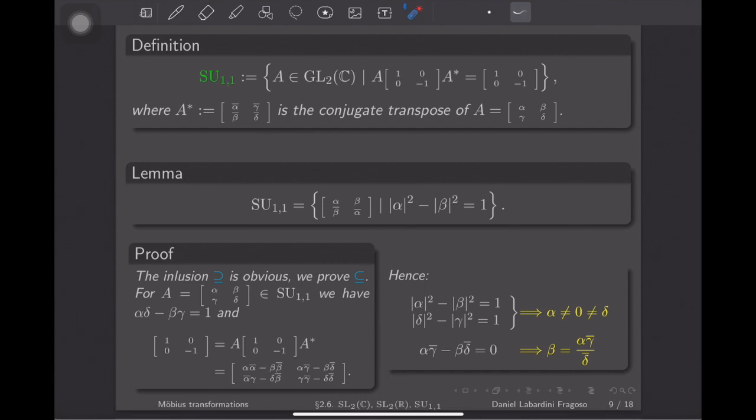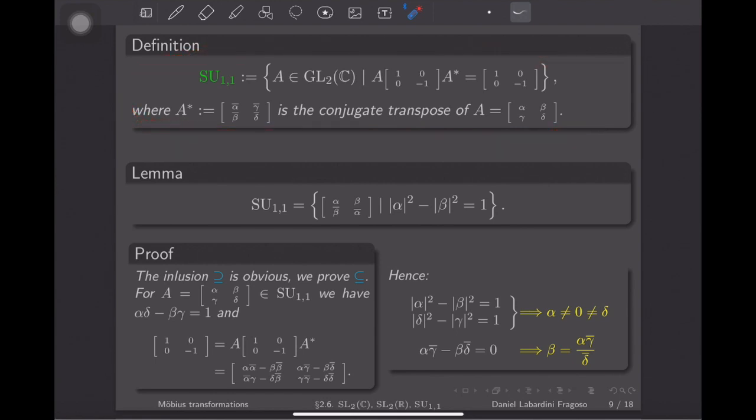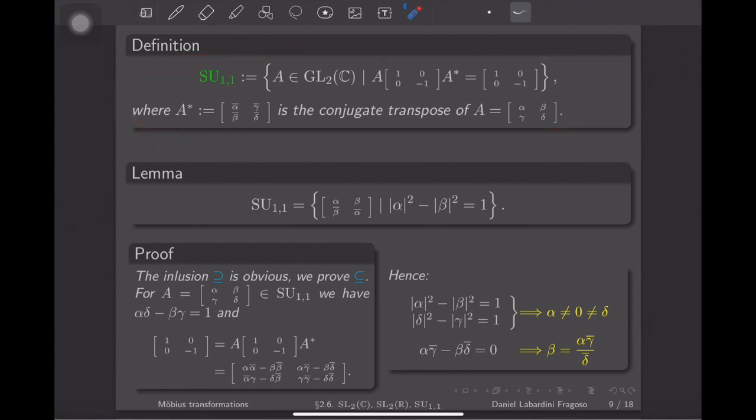Okay, and so the point is, if you have already seen some course on Lie groups, that's a common way of defining a matrix Lie group: as a certain group of matrices that, under a certain operation, leaves a certain matrix invariant.